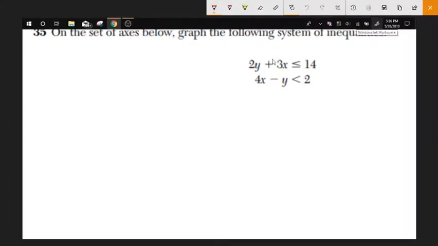Okay, so first off, I want to start off by making this a proper linear equation, and getting y by itself, because that's what a proper inequality looks like. So let's go with this top one first. So 2y plus 3x is less than or equal to 14. Now we want to just get y by itself, so we can comprehend it better.